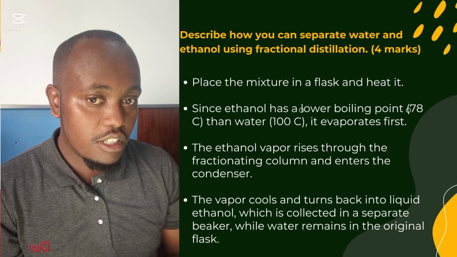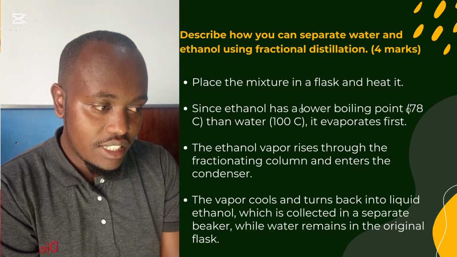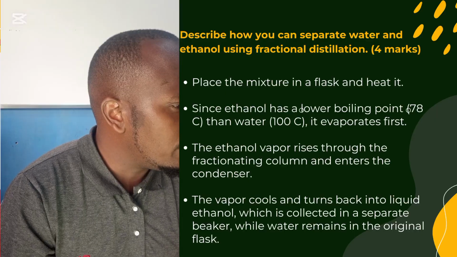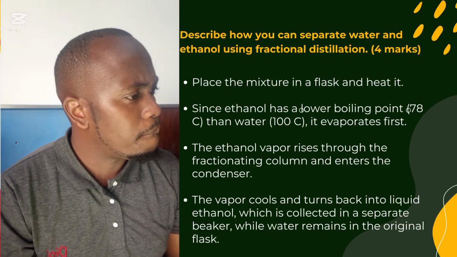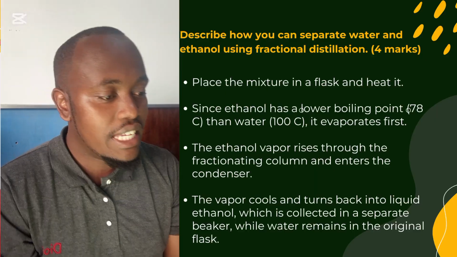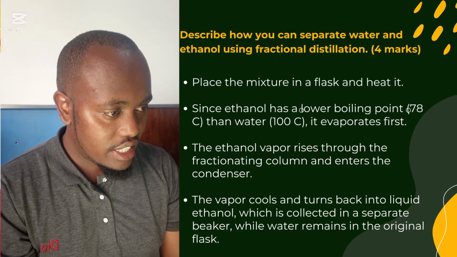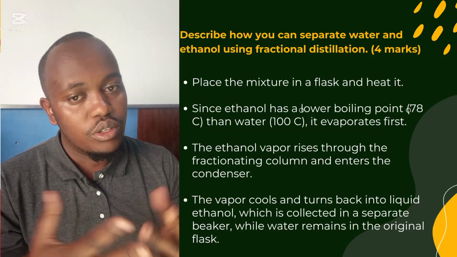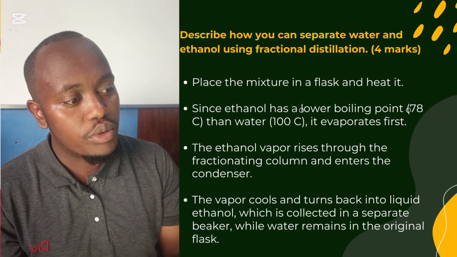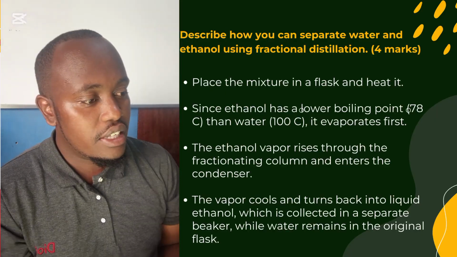We know the boiling point of water is 100 degrees Celsius. What about the boiling point of ethanol? It is usually 78 degrees Celsius. So now we know when you heat, ethanol will evaporate fast or will distill in this case.